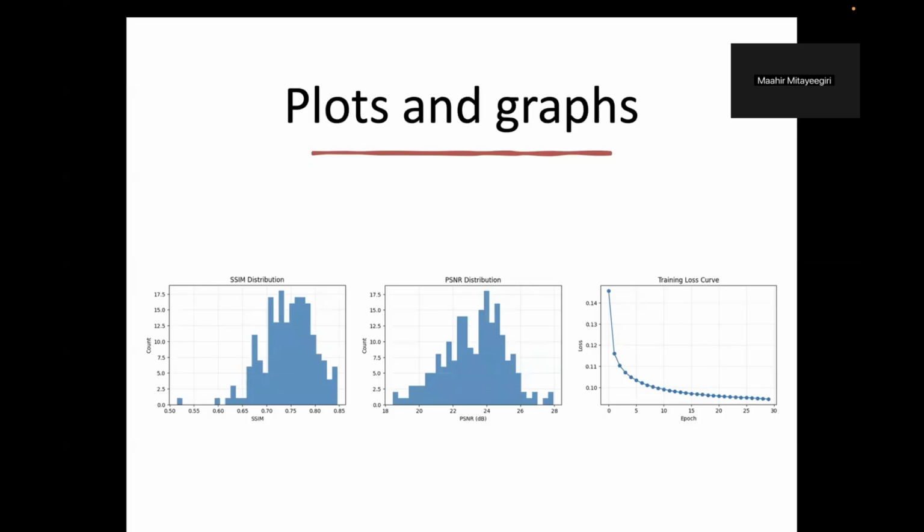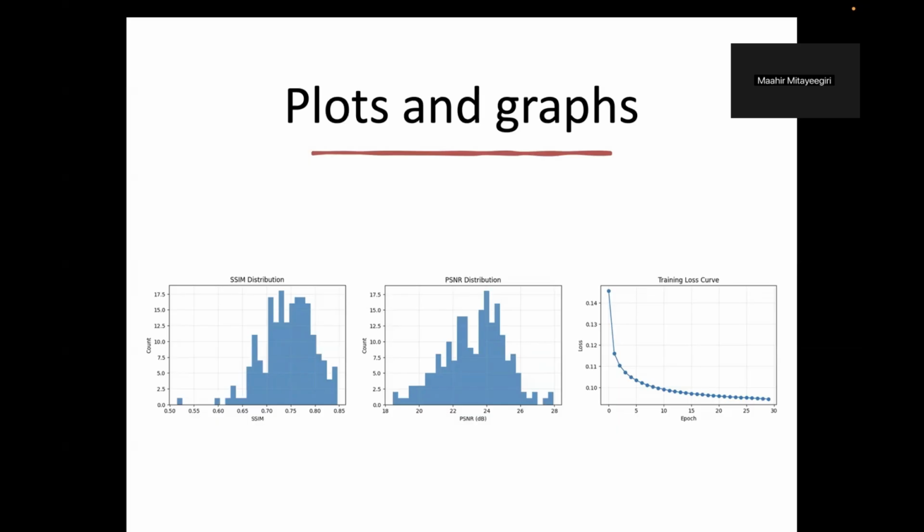It doesn't perfectly recover sharp details like hair or texture, but identity and major features are clearly maintained. The SSIM values, mostly between 0.70 and 0.8, confirm that the structural similarity remains strong across the dataset. The SSIM distribution also reflects this consistency, with most images clustering in the same range and only a few outliers for more challenging examples.